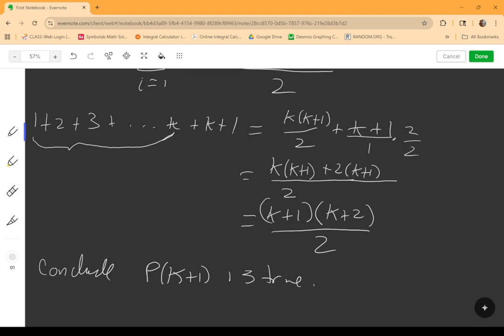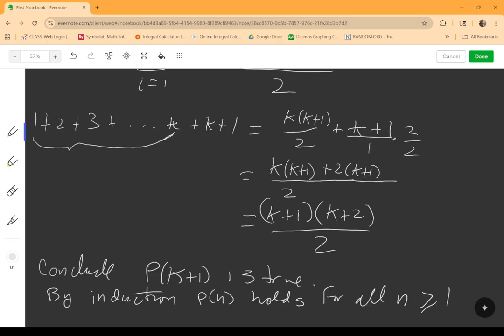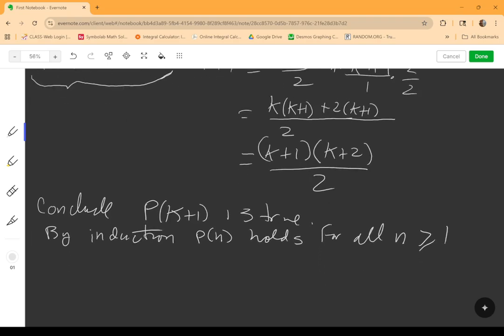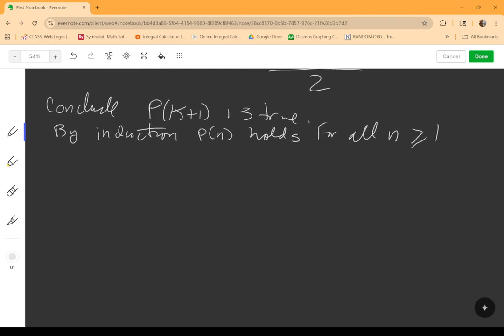So by induction, P of n holds for all n greater than or equal to 1.